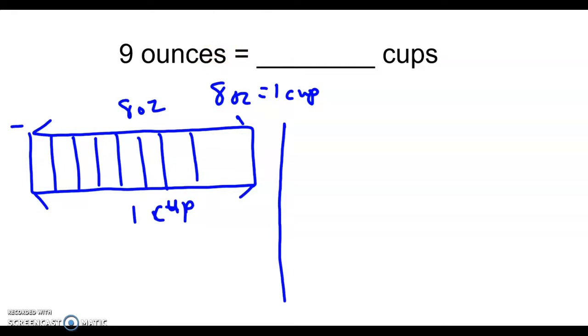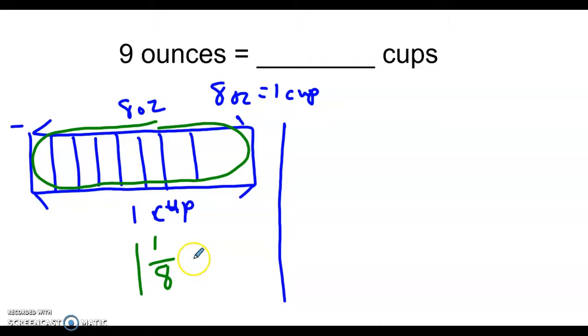And really, what I need is 9 of them. Wow, I need this entire thing. Huh? There's 8 ounces, so I have 1 whole cup. But then I need 1 more ounce, 1 out of the 8 pieces that I need. I put a label to it. There's 1 1/8 cups.